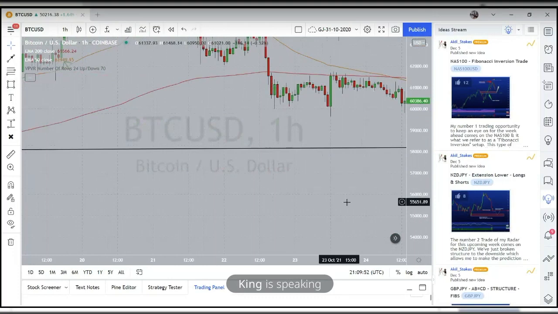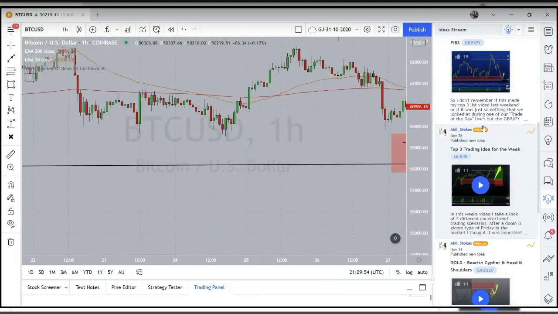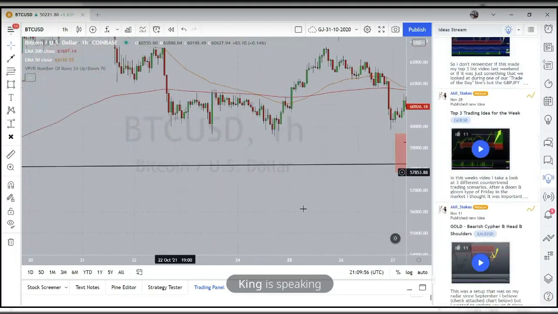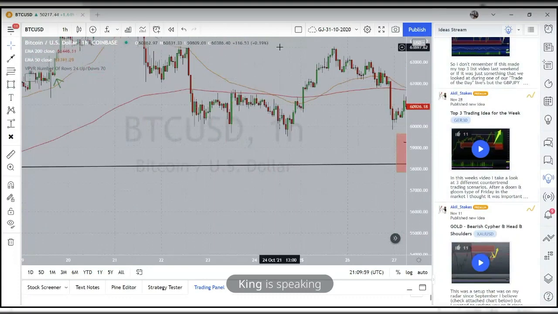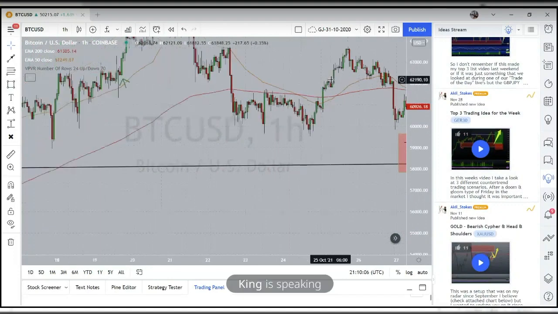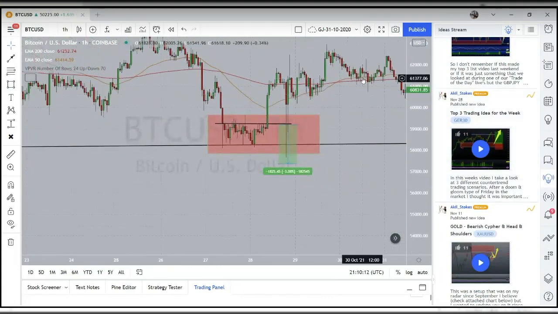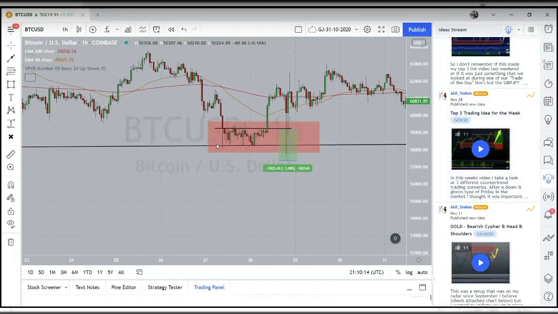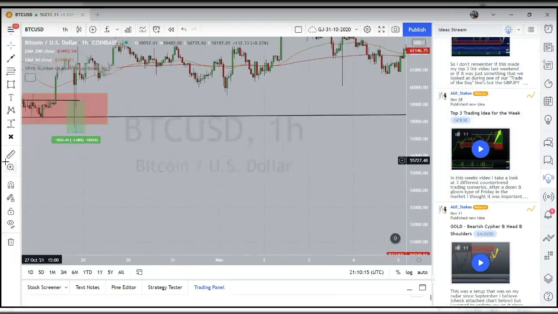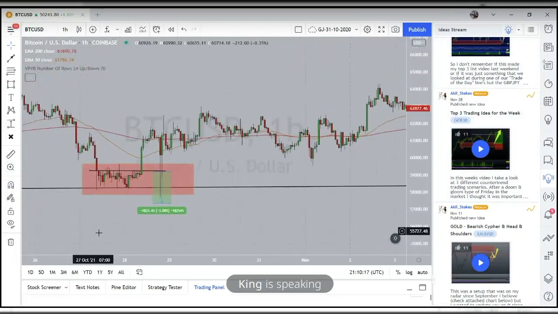Decent move down. I don't know if we go any lower from there. Well, we were in October, so price came back and took out that high, I think. No, it was guarded. So if you did get in there, you could have possibly held until when? Until somewhere around here, I think.